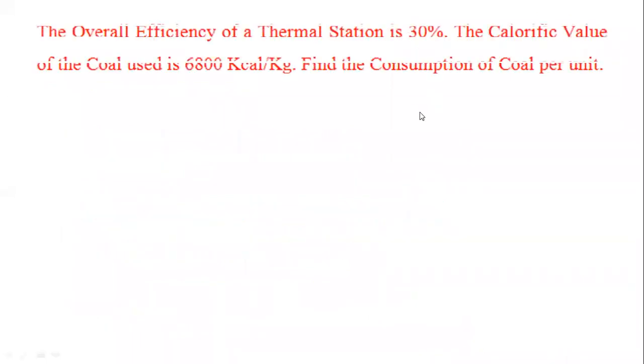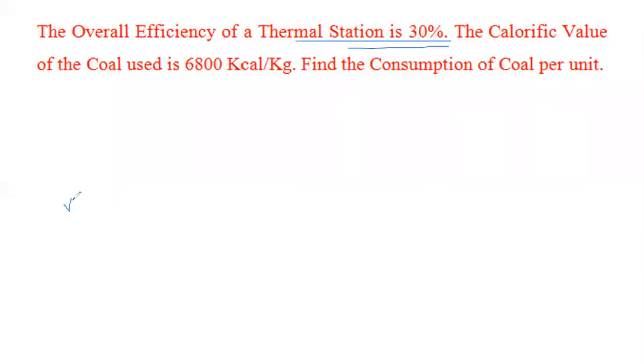And the next problem: the overall efficiency of a thermal power station is 30%. Here they have given the overall efficiency 30%, that is 30 by 100, we get 0.3.